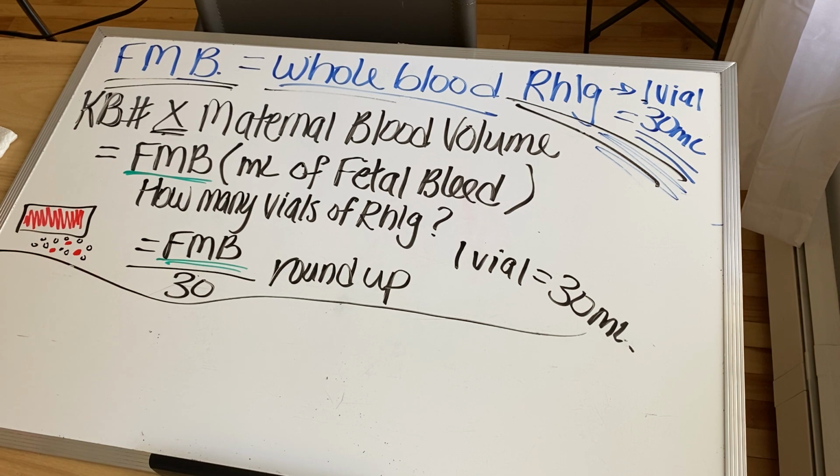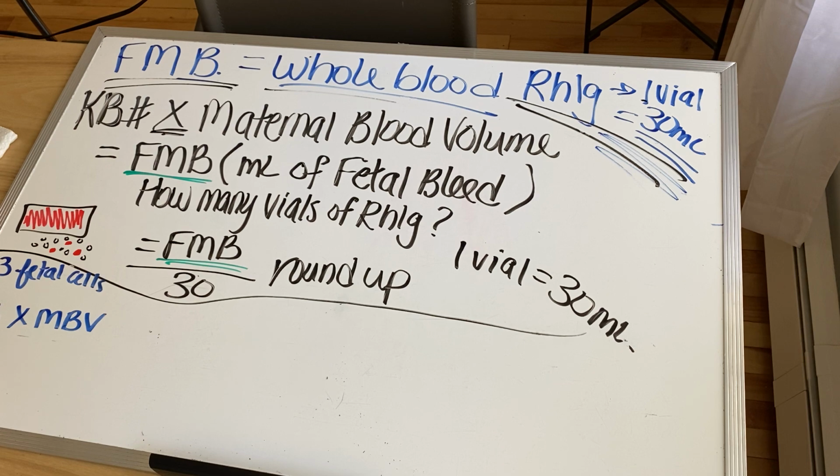So you count them. Out of 1,000 cells, how many of the 1,000 are fetal cells? So if you saw 3 fetal cells, we want to do KB times maternal blood volume.